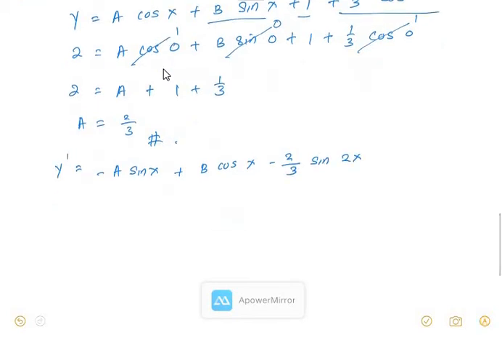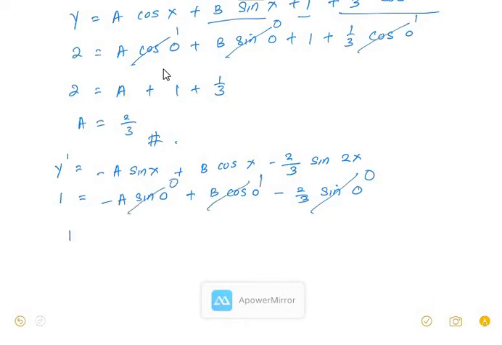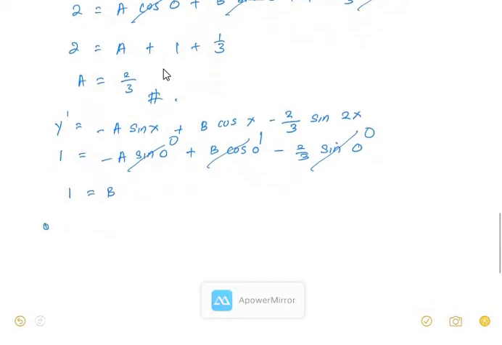Okay, now you can substitute the initial value. y prime equal to 1 when x equal to 0. So now this is 0, this is 1, this is 0. 1 equal to b. Therefore, your particular solution y equal to 2 over 3.